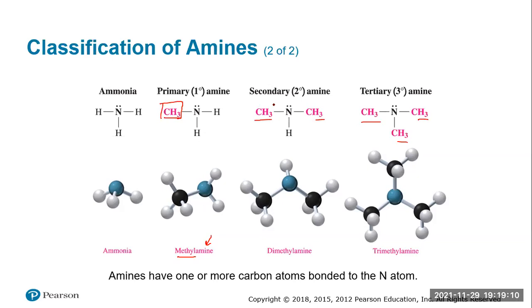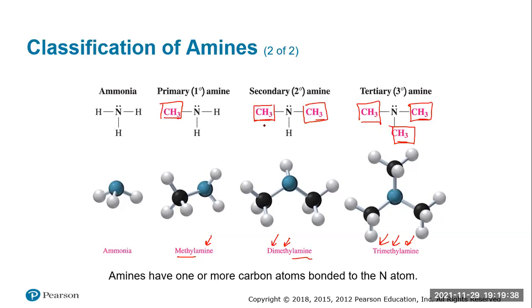This guy has one methyl group there, two methyl groups there. That is two methyl groups, which is dimethyl, and we could call it amine. Lastly, here we got this guy, which has one methyl group, two methyl groups, and three methyl groups. That is trimethyl. And again, we could just put amine at the end of it.